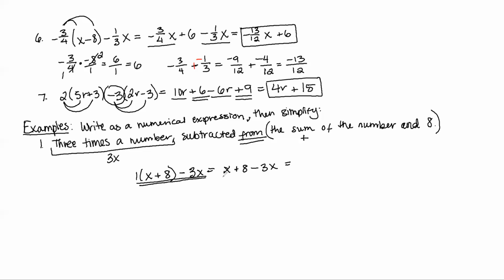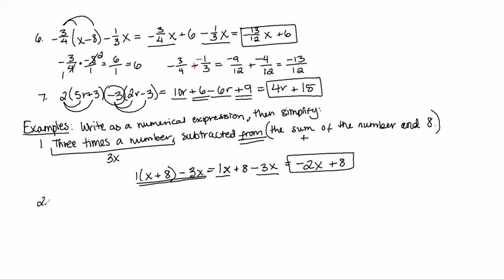And now I'll go ahead and combine like terms. So 1x minus 3x gives us negative 2x. And then we have plus 8. So normally with these, writing the expression is usually the hardest part, and once you have that, simplifying isn't too bad once you get a little bit of practice in.